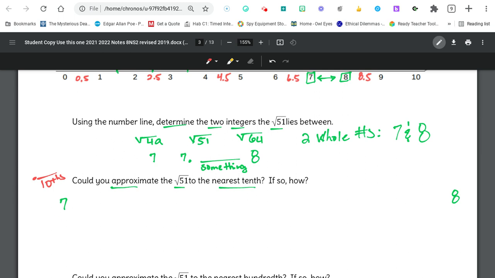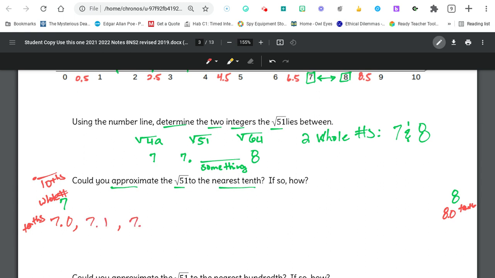Well, 7 is the same as 7.0. Now this is in terms of tenths instead of a whole number. So you just change 7 to tenths, which is 7.0. And I'm going to change 8 to terms of tenths, which will be 8.0.